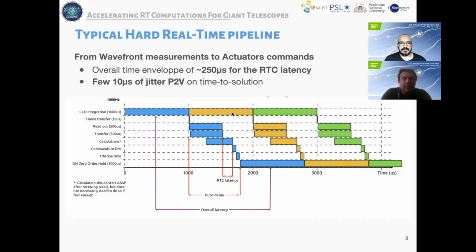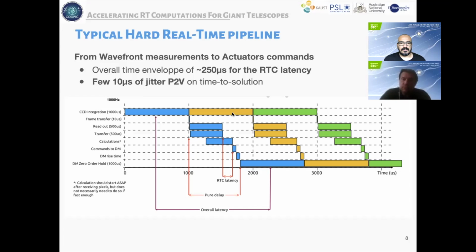And this is the typical timeline for this pipeline. So you see from top to bottom, the various operations and data transfers that are happening during the AO loop. From the CCD integration time, because we are looking at very faint targets, the shutter of our camera should remain open for a certain time, typically a millisecond, to what we call the zero order hold on the deformable mirror.